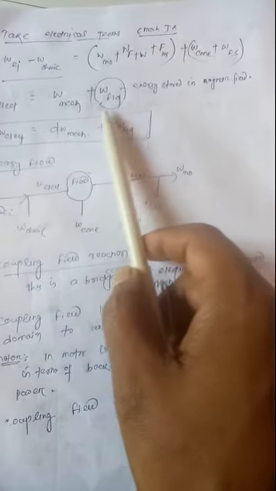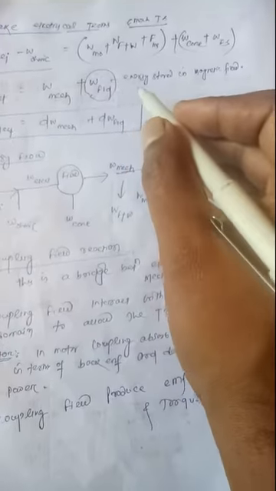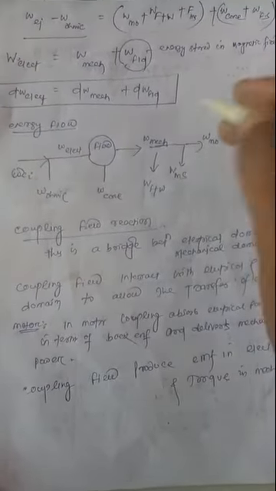So W electrical is equal to W mech plus W F L D. This is the short form we have written here. This W F L D is the energy stored in the magnetic field. The flow of energy from input to output is described by a picture, which you can call the energy flow diagram.